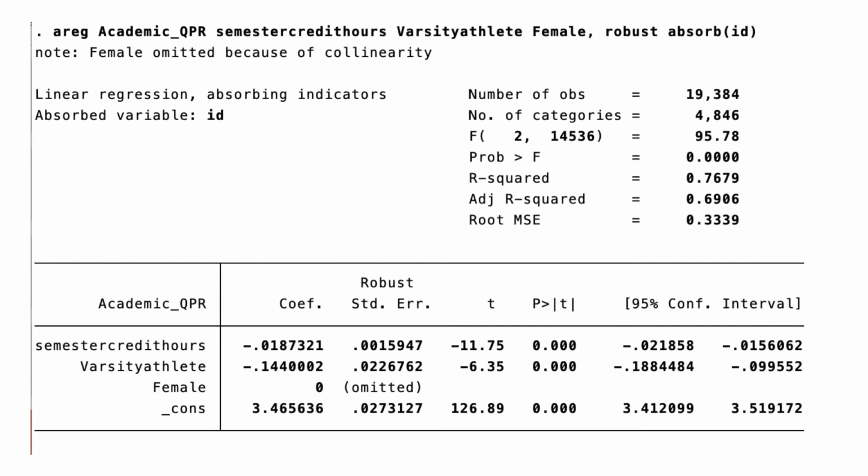Now, in this particular case, there's over 4,000 students, so that's why the number of categories is 4,846. Notice too that the female factor, the gender dummy variable, was omitted because of collinearity. This is what I emphasized in the lecture videos on panel data.